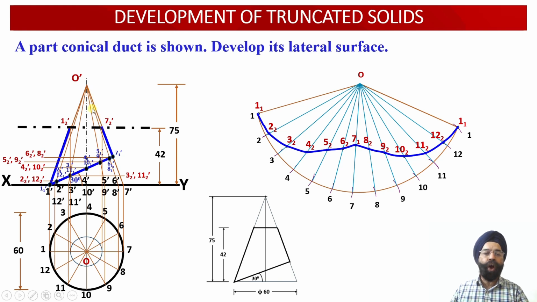So we cannot plot these apparent lengths of the radii which are obtained on the apparent length slant generators over here. So what we have to do, these 10 points have to be transferred either on the left side or on the right side. So they will be coinciding with the true length of the radii. They will be coinciding with either the point 1 2 dash or the point 7 2 dash over here.